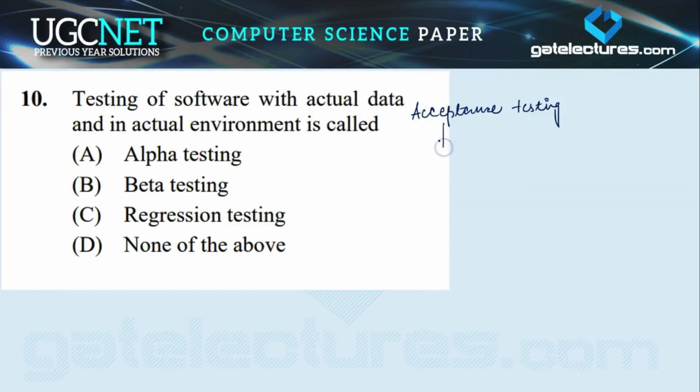But when we have, you can say, a large number of people, this acceptance testing is basically of two types. The first one is alpha and the second one is beta. So first one is alpha testing and the second one is beta testing.